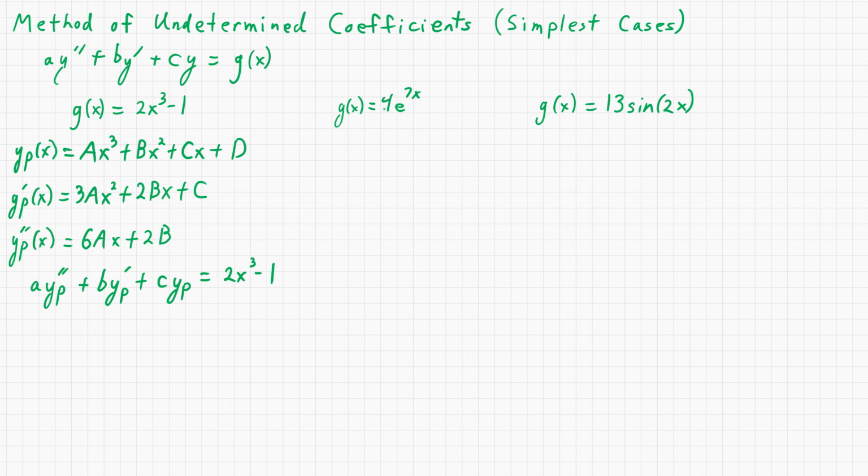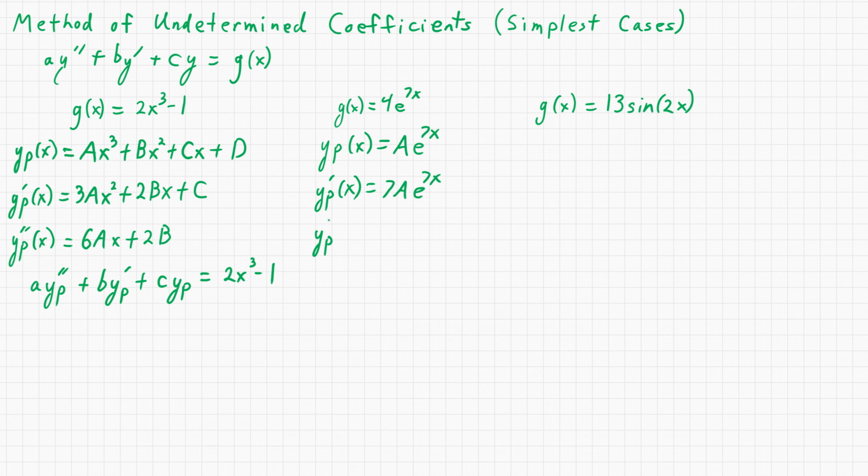In this case, we have g of x is 4 times e to the 7x. So in that one, we're going to guess y particular of x is equal to some unknown constant A times e to the 7x. The reason we want to do that is if we take the derivative and then the second derivative, y particular prime of x is going to be 7A e to the 7x.